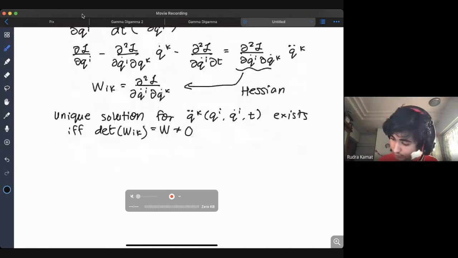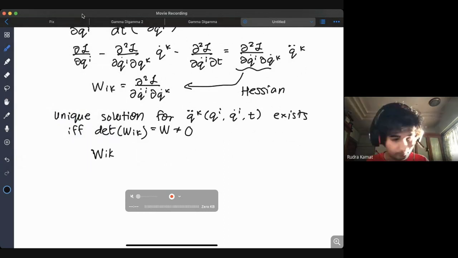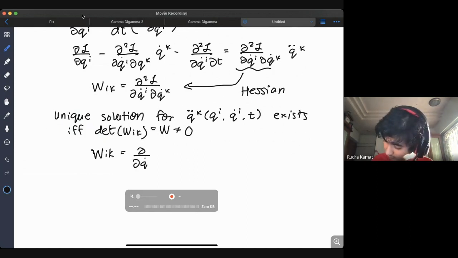So we can also see that Wik is actually the partial with respect to Qi dot of the momentum Pi.